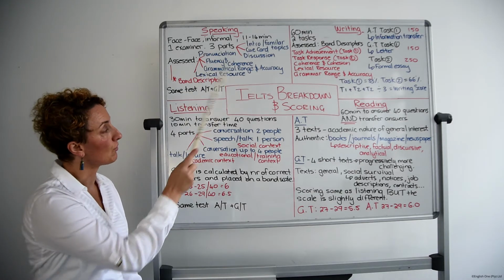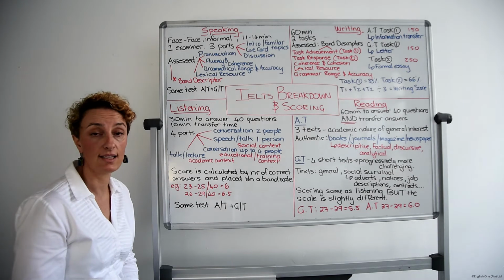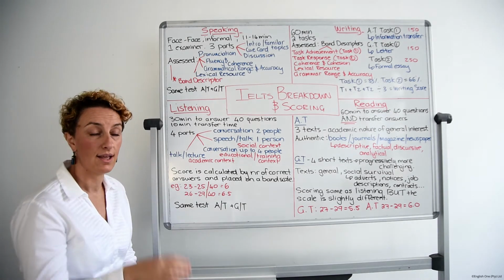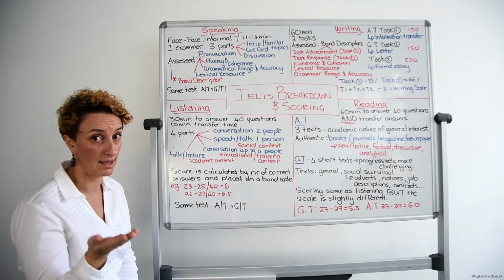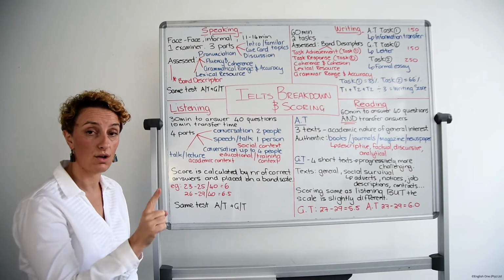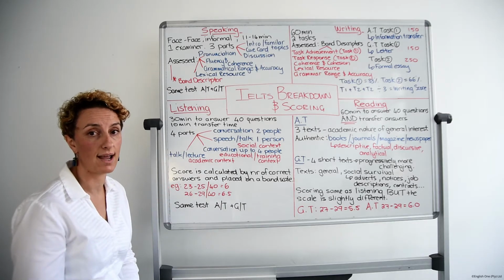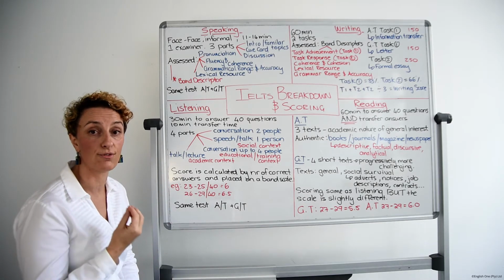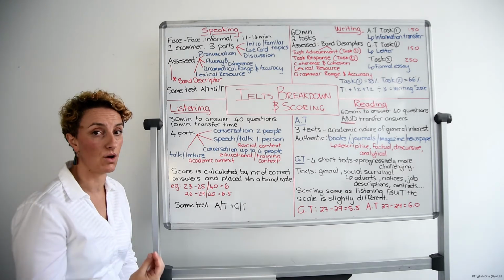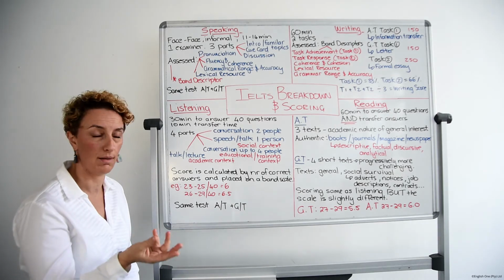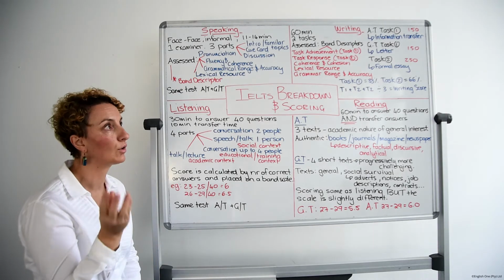Moving on to writing. For the writing, you have 60 minutes to produce 2 writing tasks. The test is different for academic and general in that task 1, for the academic test, you have to write a 150-word information transfer based on a graph or a line chart or a pie chart, a line bar graph.